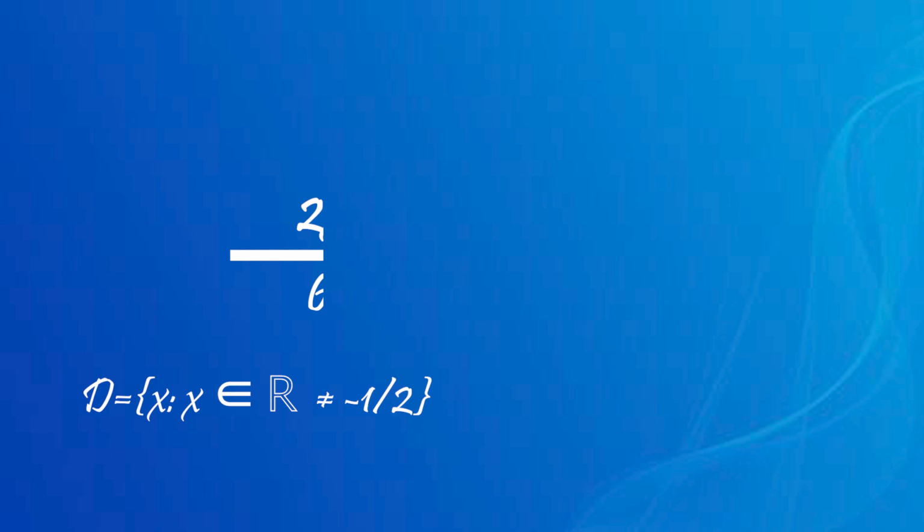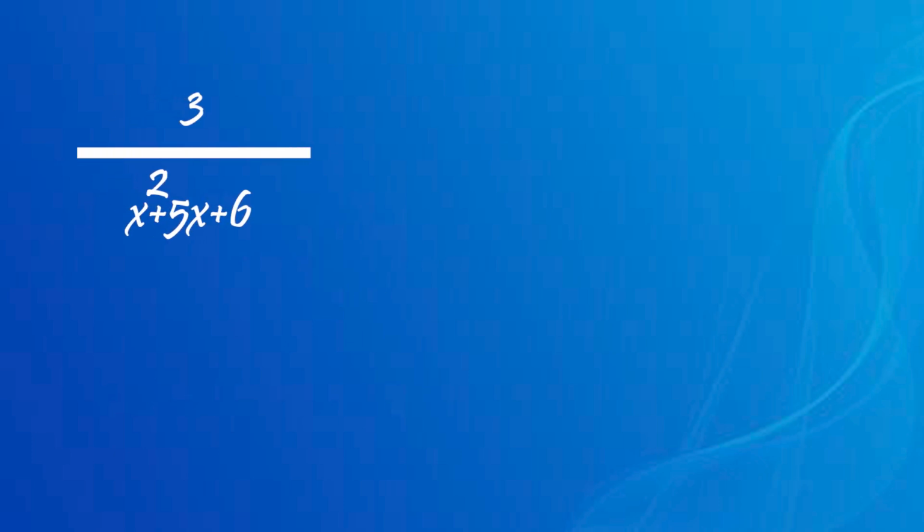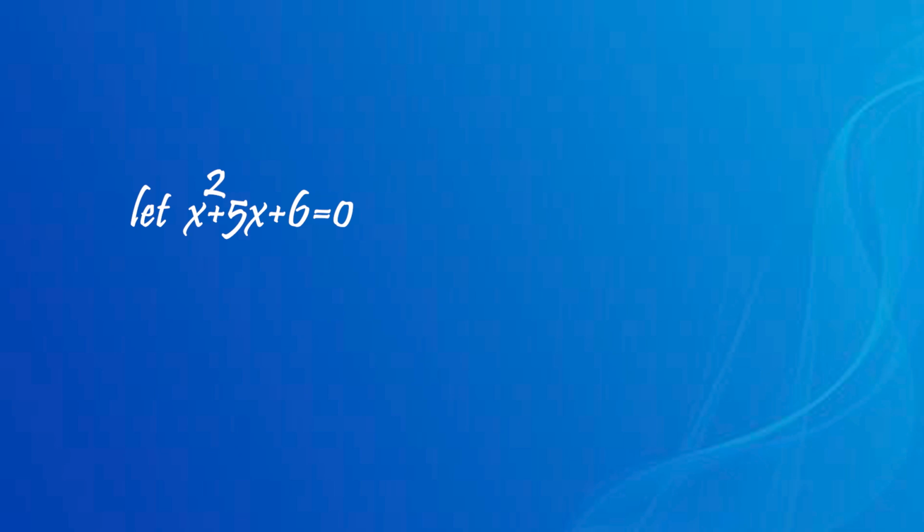The next example, 3 over x squared plus 5x plus 6. Let us focus on the denominator, that is x squared plus 5x plus 6. So let this function be 0. And then we find the value of x, but before that we have to factorize this polynomial.